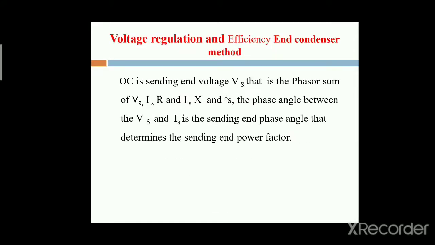Next, OC is the sending end voltage Vs, that is the phasor sum of VR, ISR, and ISX. The phase angle phi S between the Vs and IS is the sending end phase angle, and that determines the sending end power factor.